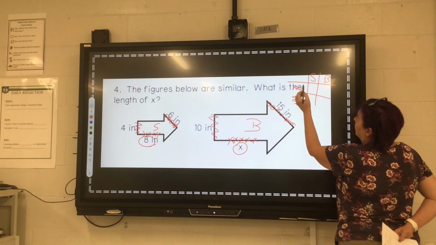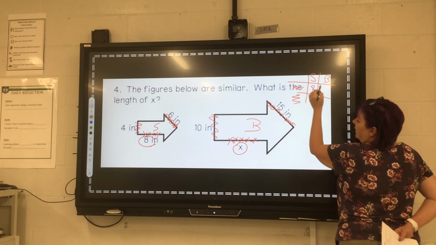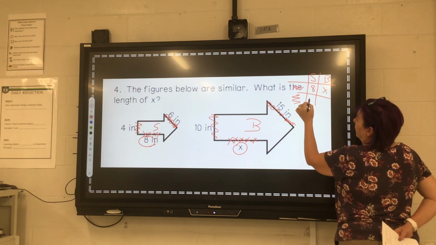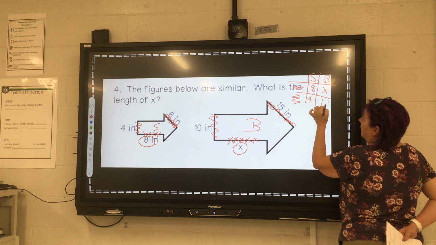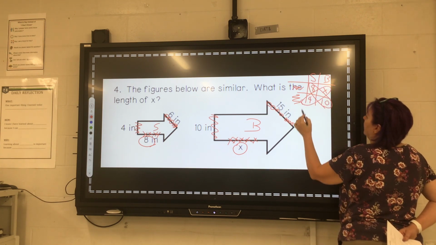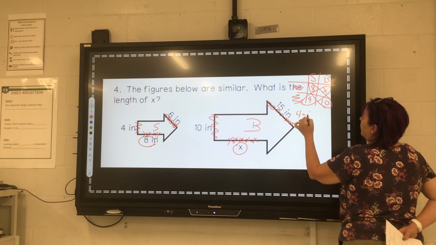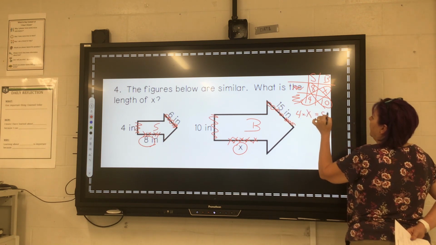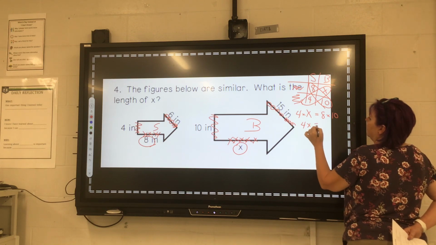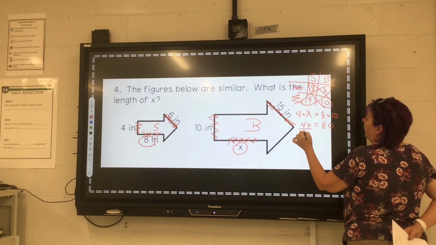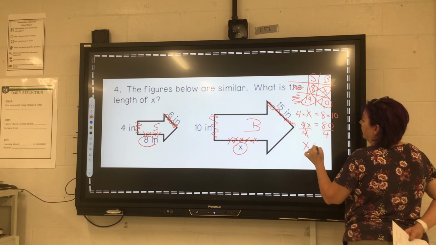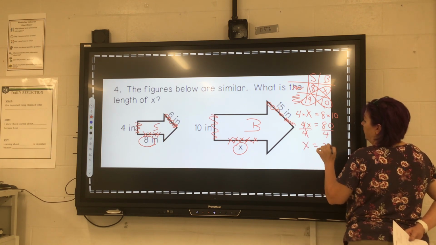So X's, my small is 8, my big is what I'm looking for, squiggly is 4 and 10, cross multiply. So 4 times X is equal to 8 times 10, so 4X is equal to 80, divide by 4, I get X equals 20.